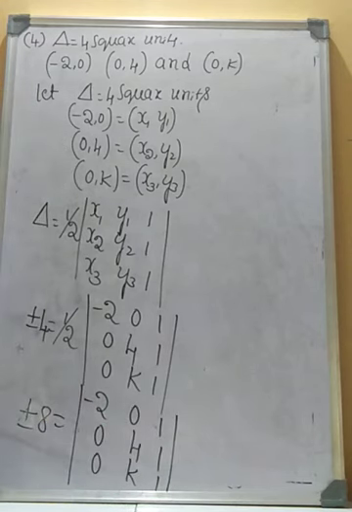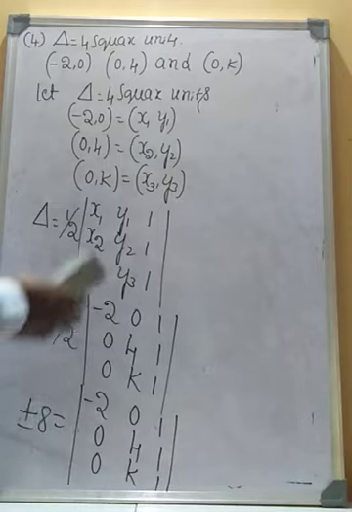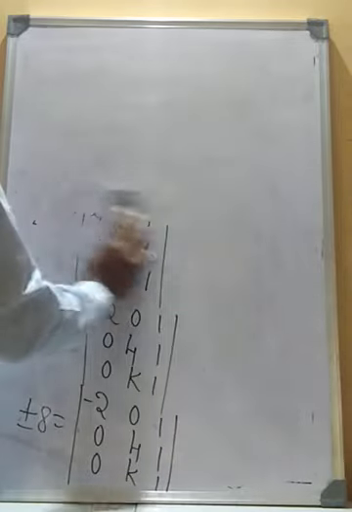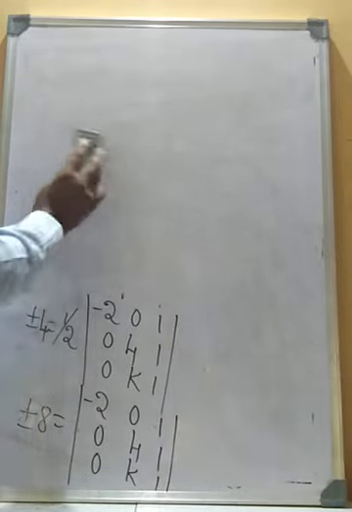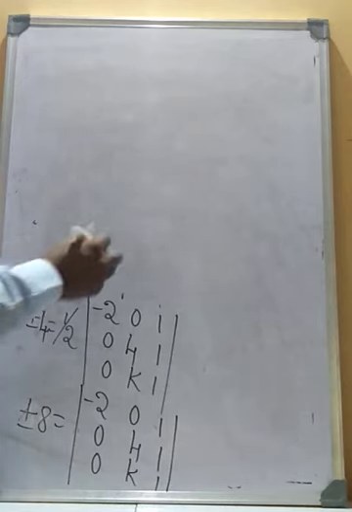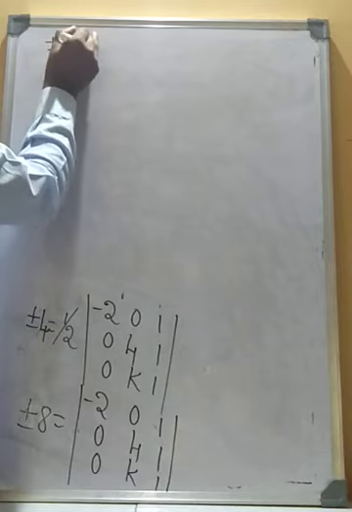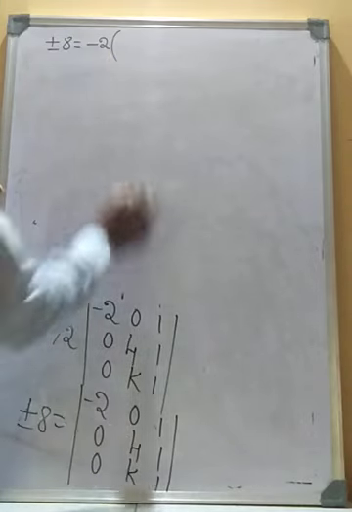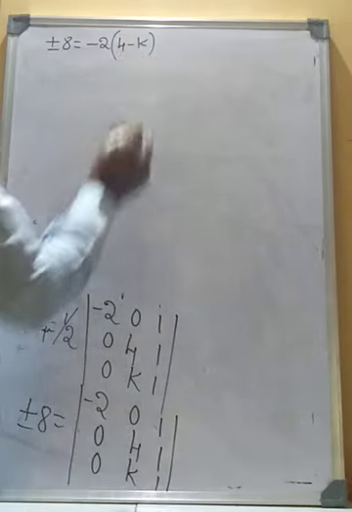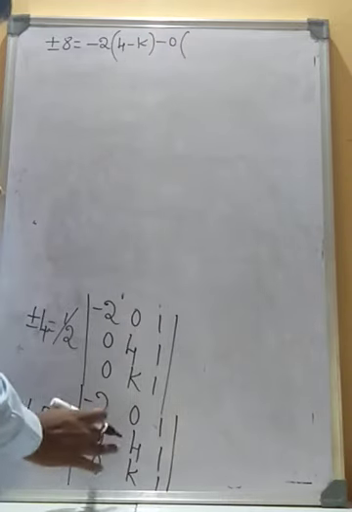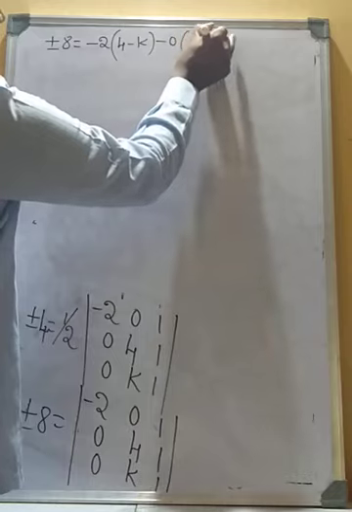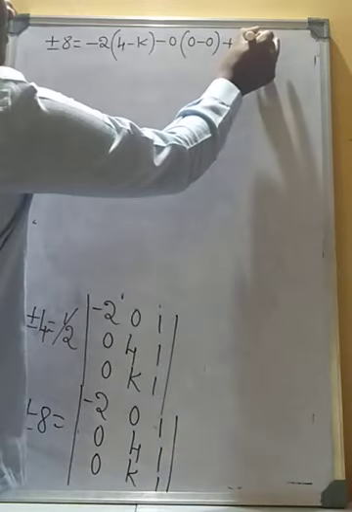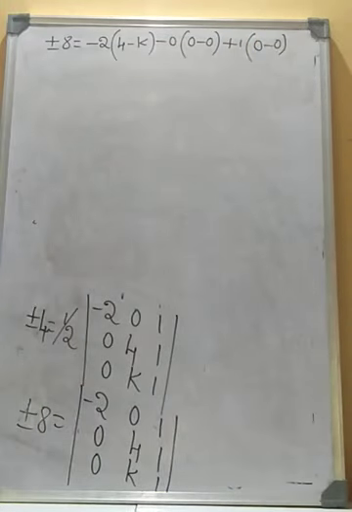Next, expansion along the first row: plus or minus 8 is equal to minus 2 into (4 into 1 minus k 1s are k), minus 0 (0 ones are 0), plus 1 (0 k's are 0, minus 0 4's are 0).